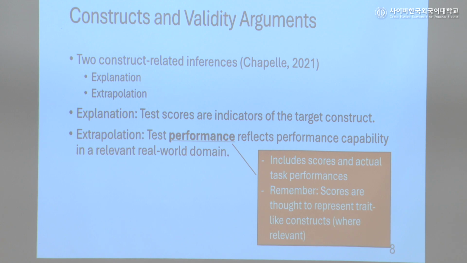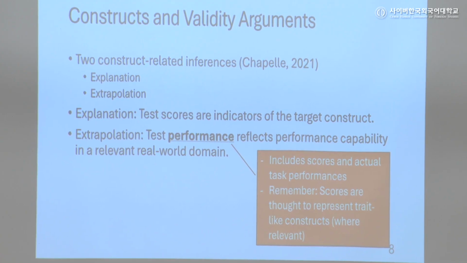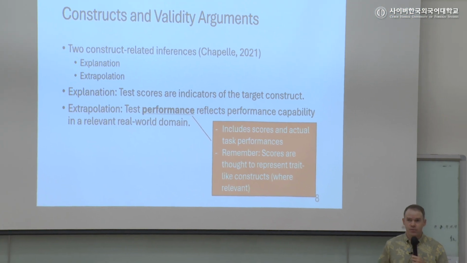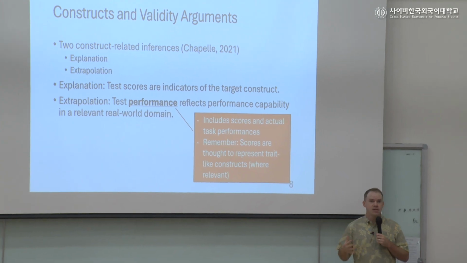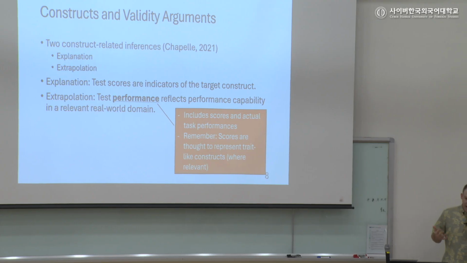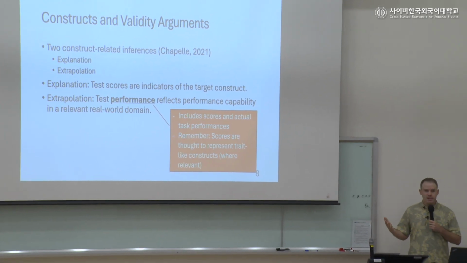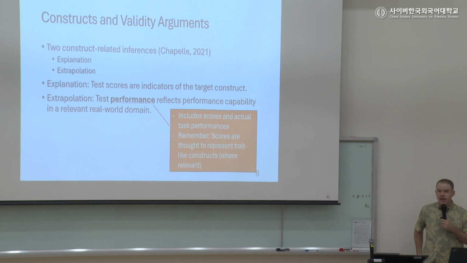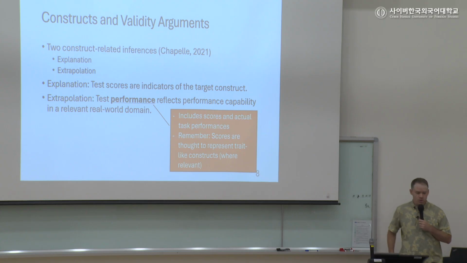And then extrapolation is that test performance, and we can think of performance on a test as your score, how high or low it was, but also, and this is something exciting to me at least about language tests, we often have performance tasks on language tests. We get to see what people can do, actually produce language spontaneously. And so we can look at that performance and analyze it linguistically and see how that lines up with performance outside of the test. So is the way people talk and write on the test indicative of how they are able to communicate in the real world?